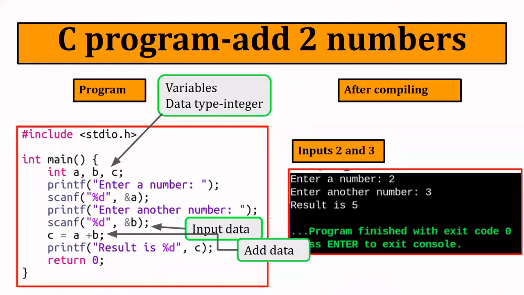With the float type you can enter decimal values also, like 2.5. These data types were introduced to reduce memory.